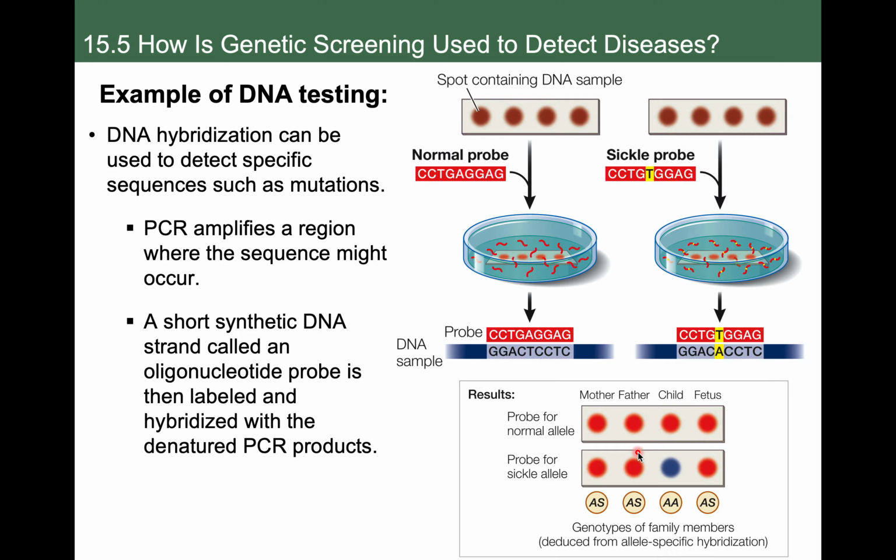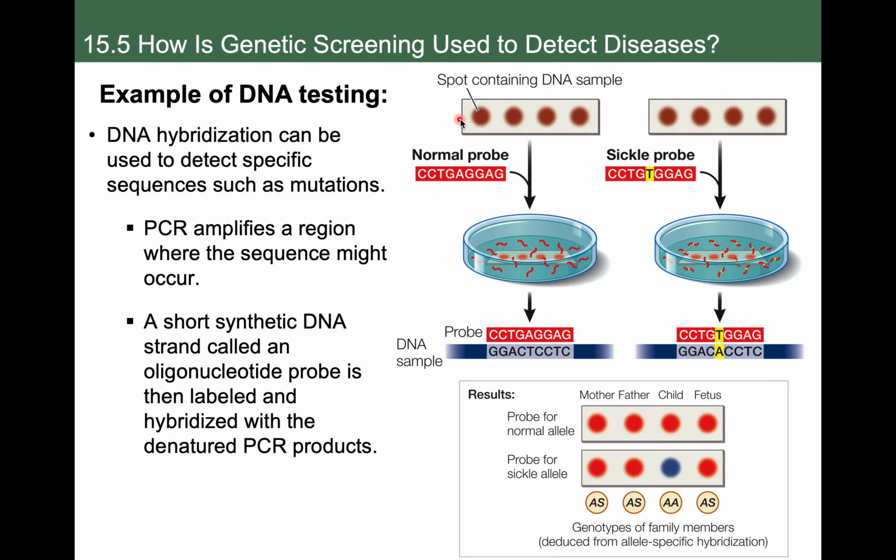And so just to give you one example of how one of these DNA tests might work, and there's lots of different types, but this would be a fairly typical example using what are called DNA probes. And this particular test is for sickle cell anemia.